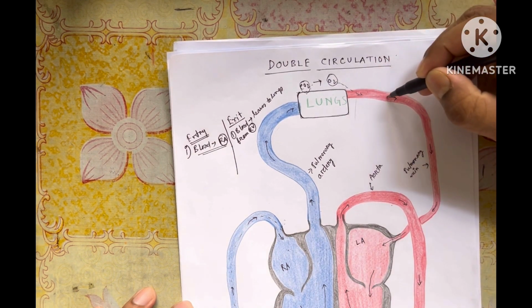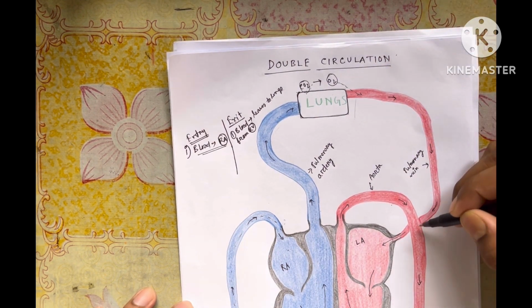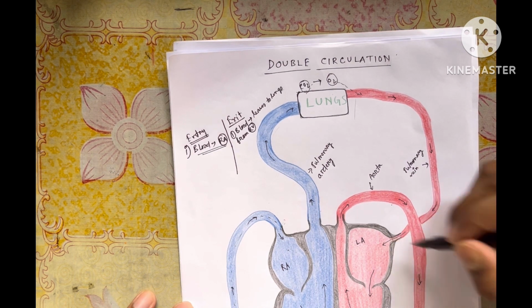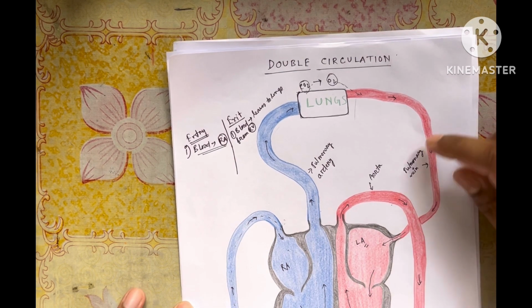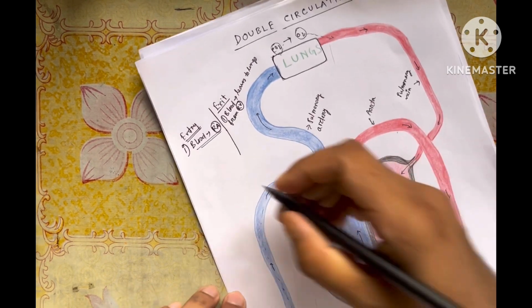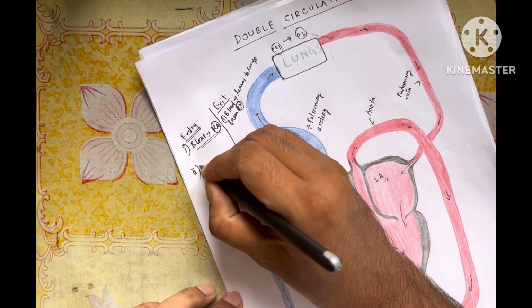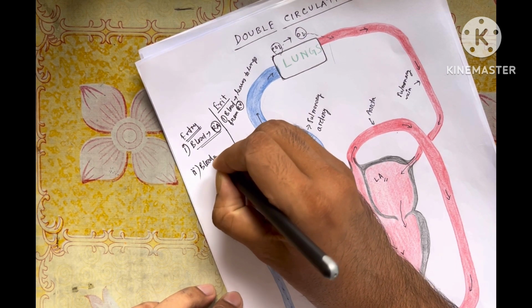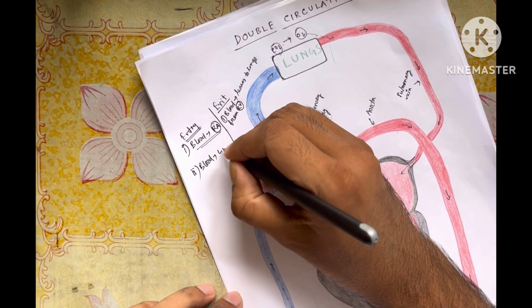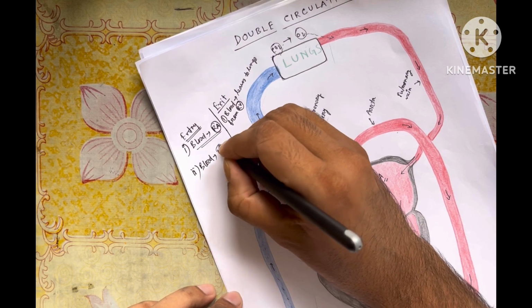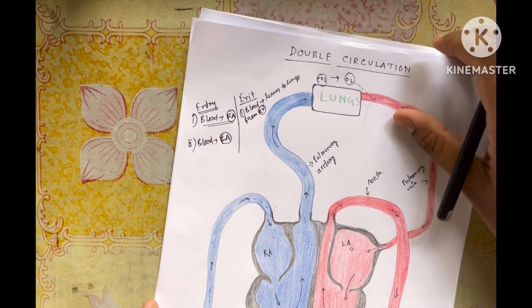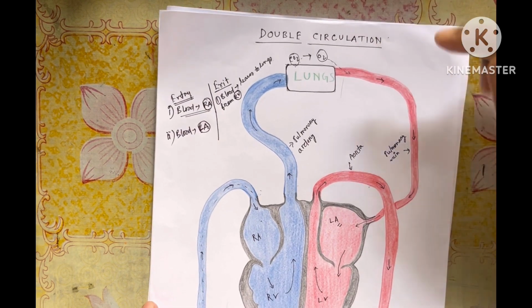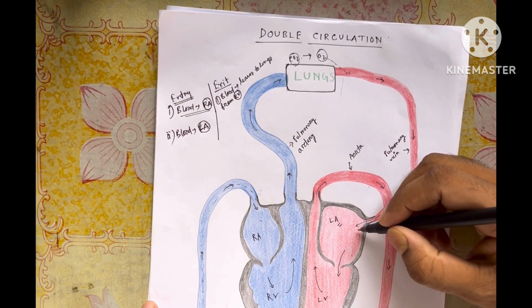Then that oxygen rich blood comes back and enters our left atrium. This is the second entry. What is the second entry? When blood enters inside our left atrium.